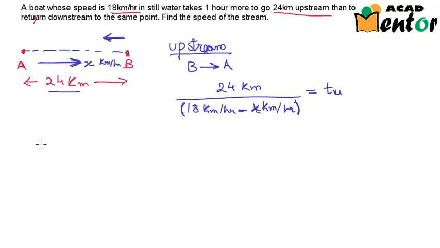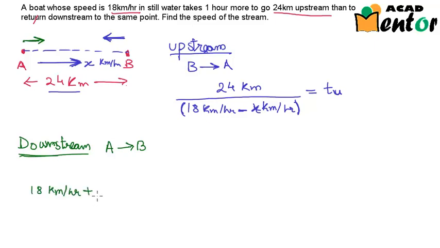Now similarly, when the boat is traveling downstream, that means from point A to point B in this direction, the effective speed of the boat would be 18 km per hour plus x kilometers per hour.